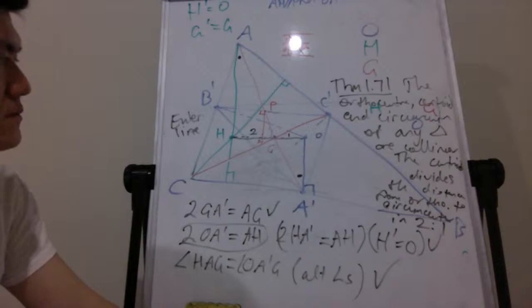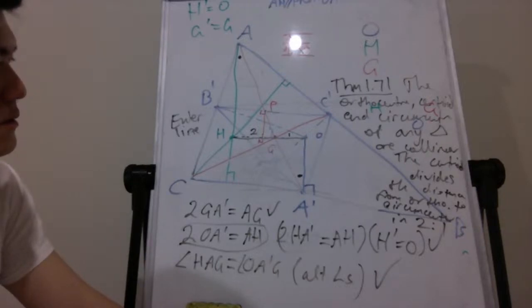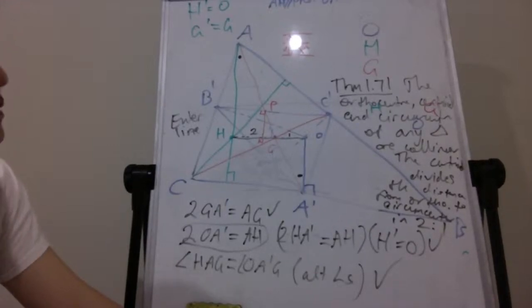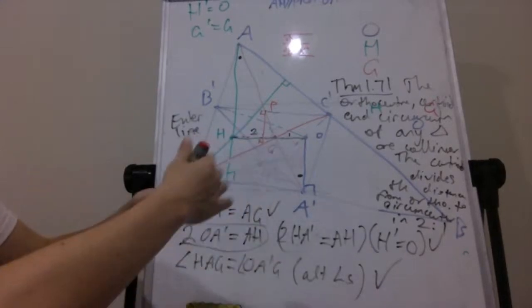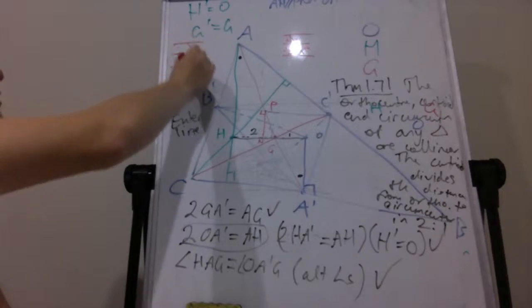If the perpendiculars are parallel, how do we show that the distances are equal, that they're equally spaced? Basically, we have three parallel lines, and this has the same intercept.